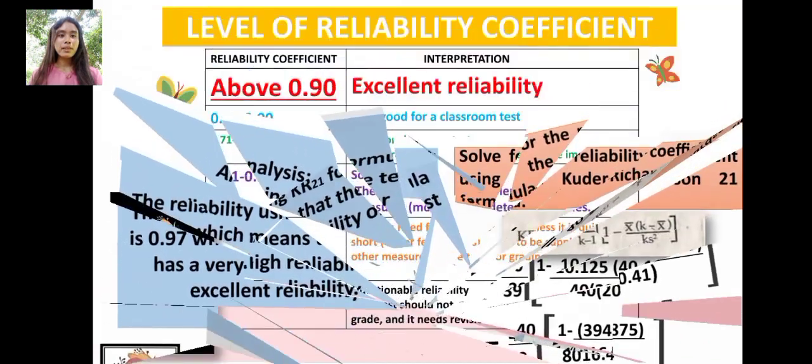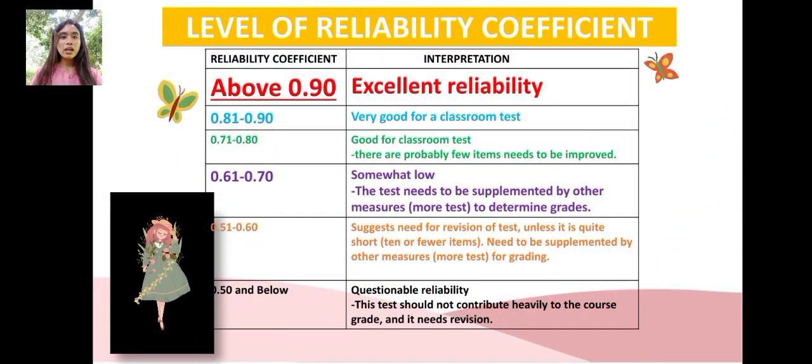Okay, so we have a level of reliability coefficient on how to interpret it. These stand as bases on how to interpret the reliability coefficient of a test. Okay, thank you.